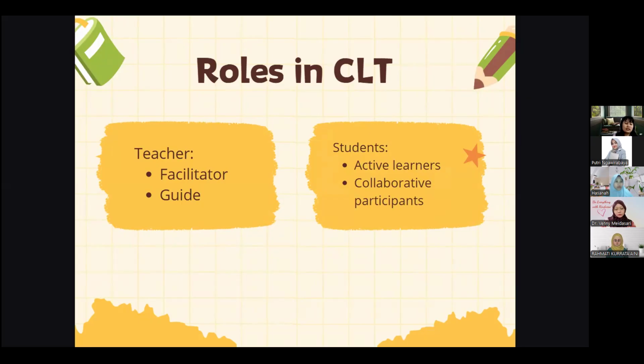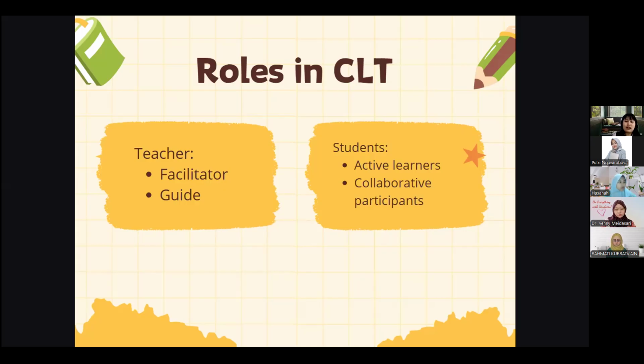This means the teacher does not dominate the class, but supports and helps students during the learning process. On the other hand, students play an important role as active learners. They are not just listening, but they actively participate in the learning process. They ask questions, share ideas, and communicate with others.